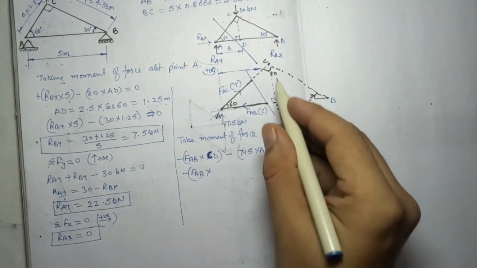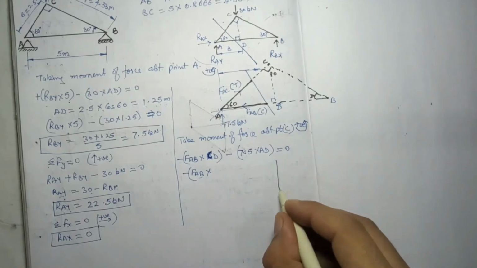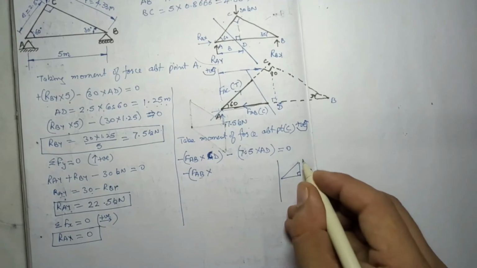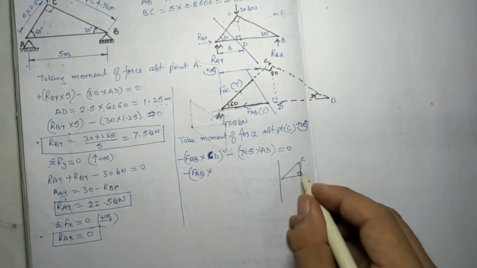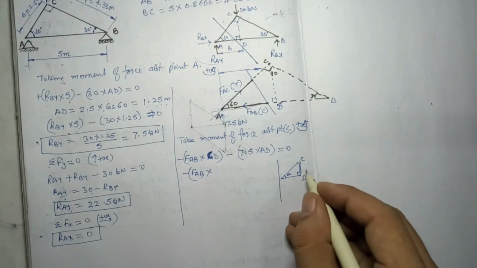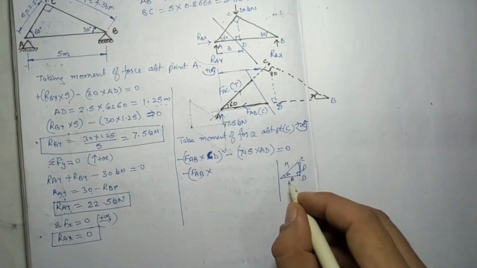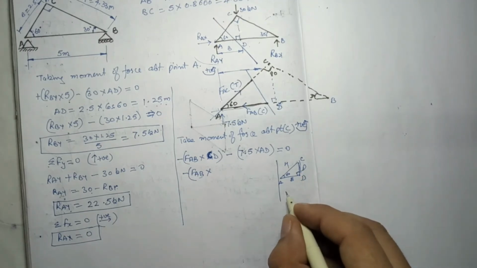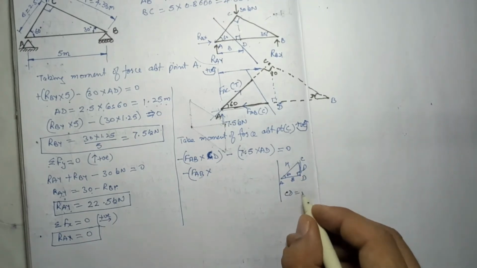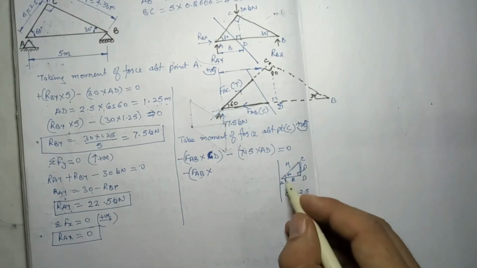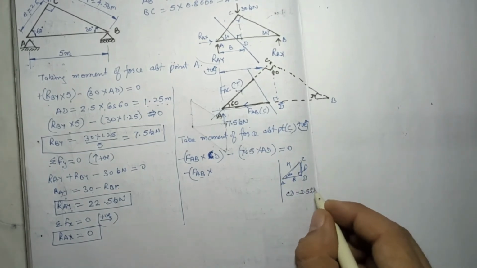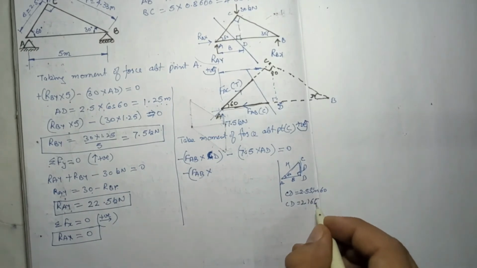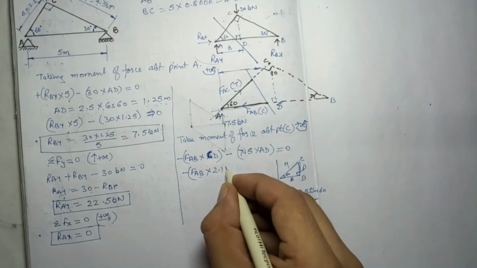So what is that? FAB into CD. CD means this value, we have to find out that value. If I say that is now again the right angle triangle, this is C and D, I have to find out this length, and this is 60. So can I say this is perpendicular, hypotenuse? Now this is base, so I have to find out which. CD means perpendicular, so I can say CD is equal to the length of this hypotenuse, 2.5, into sine 60, so CD is coming 2.165, so into 2.165.